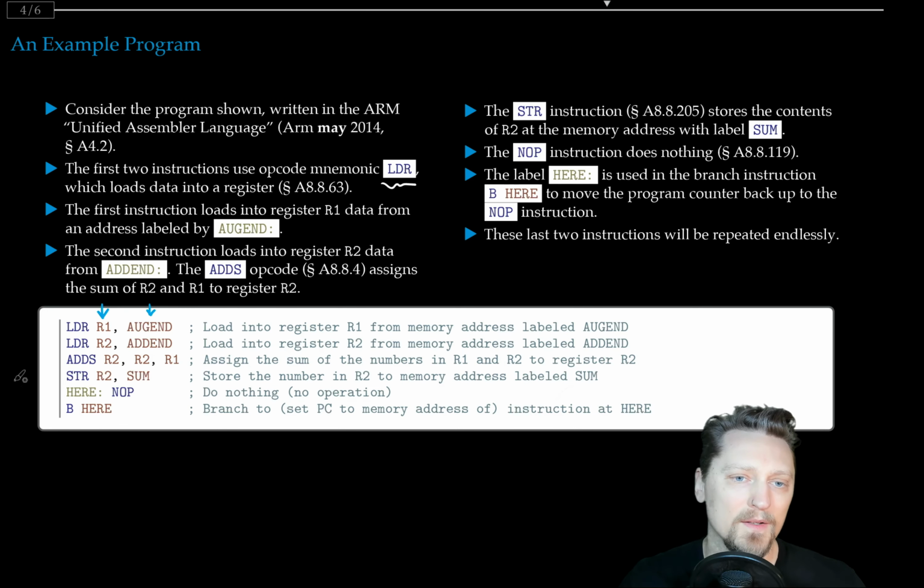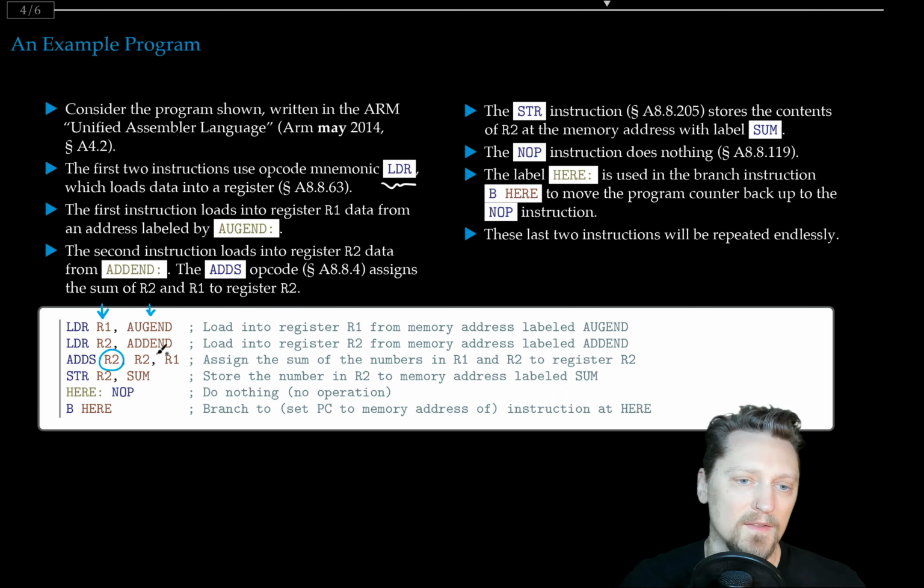Next, we are going to use the ADDS opcode mnemonic. This instruction takes the sum of R1 and R2, the contents of register 1 and register 2, and saves the sum to R2.